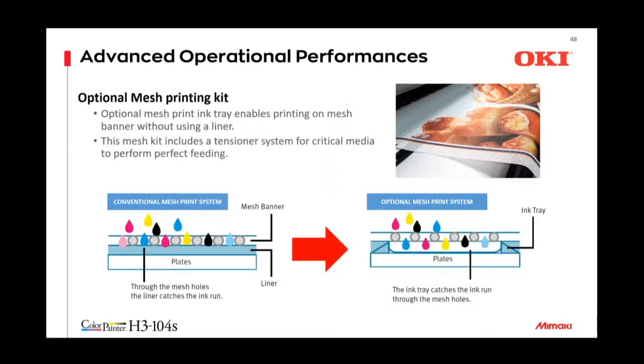All right, so optional mesh printing kit. You can see from this diagram, we can apply an ink tray to the platen. So the platen would be removed, an ink tray will be provided, and then we can go directly onto open mesh, obviously without a backing sheet.